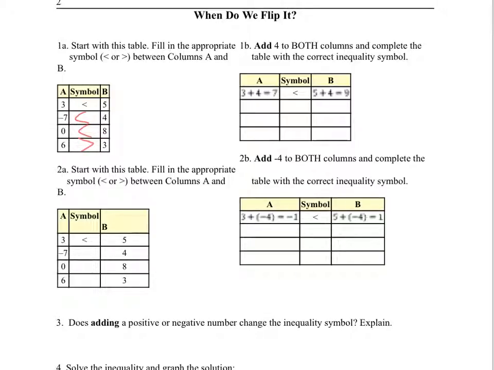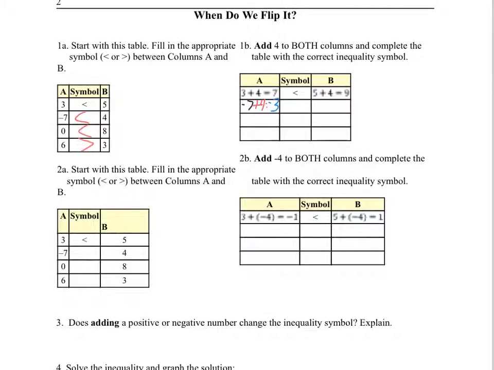So we're starting with the number that they gave us, -7, and we're going to add 4. And that equals -3. Okay, so that's what we're going to do for the whole table. We're going to do that first before we do the symbols.